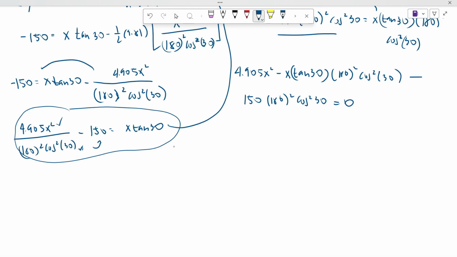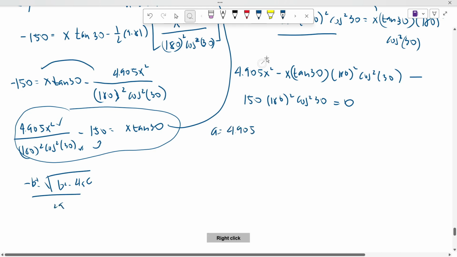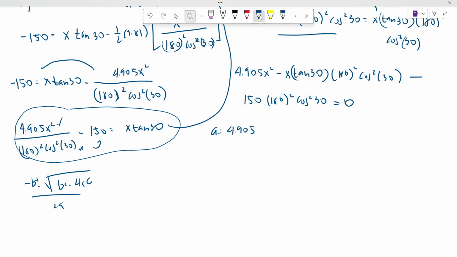So, game, guys. Proceed na tayo sa ating formula. So, ito yung formula ng quadratic equation, di ba? So, the value of a is 4.905. The general equation ax squared plus bx plus c is equals to 0. So, the a, which is mayroon siyang x squared, is the value of a. The b is may x siya.